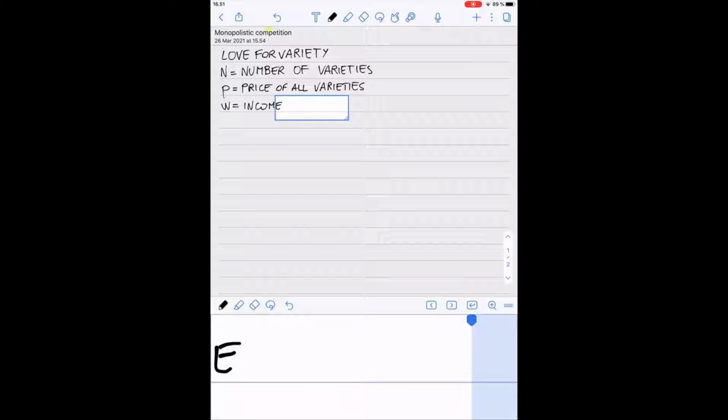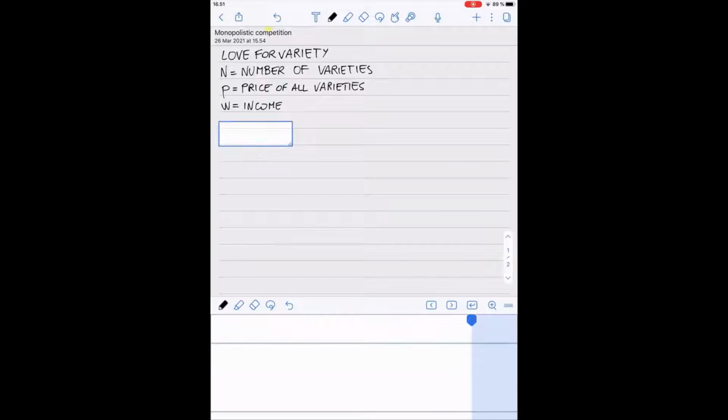So the question that you need to answer here is, would you rather spend all of your money on one product or rather share the income equally across the different varieties? Well, we have love for variety if you prefer to spread your income across the different varieties relative to the case in which you spend all of your income on one good only.